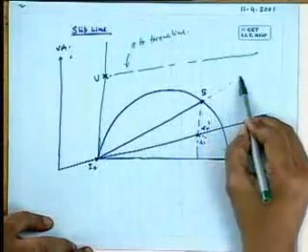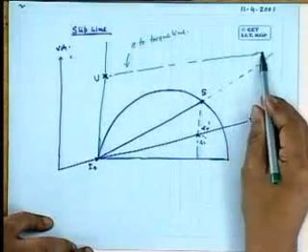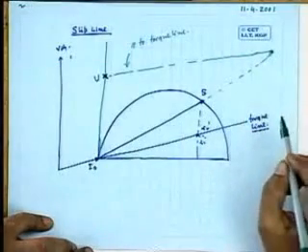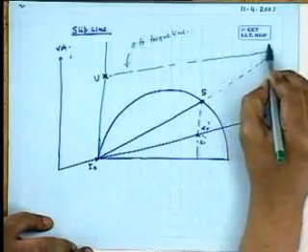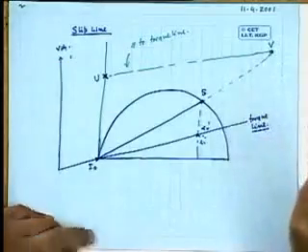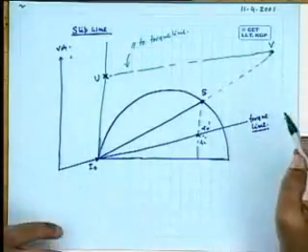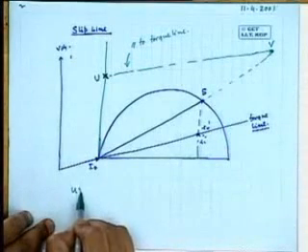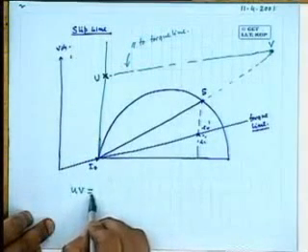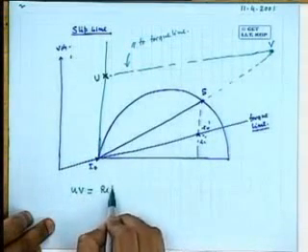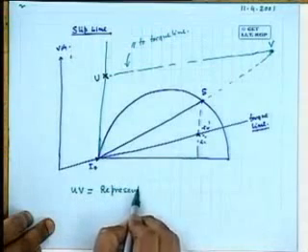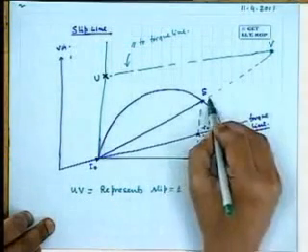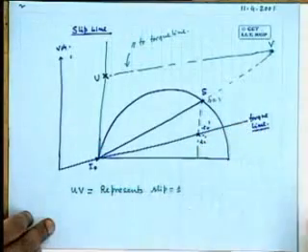And then you extend this line. Suppose it meets here. You call this point V. Then if UV you call 1, UV represents slip equal to 1, because here slip equal to 1.